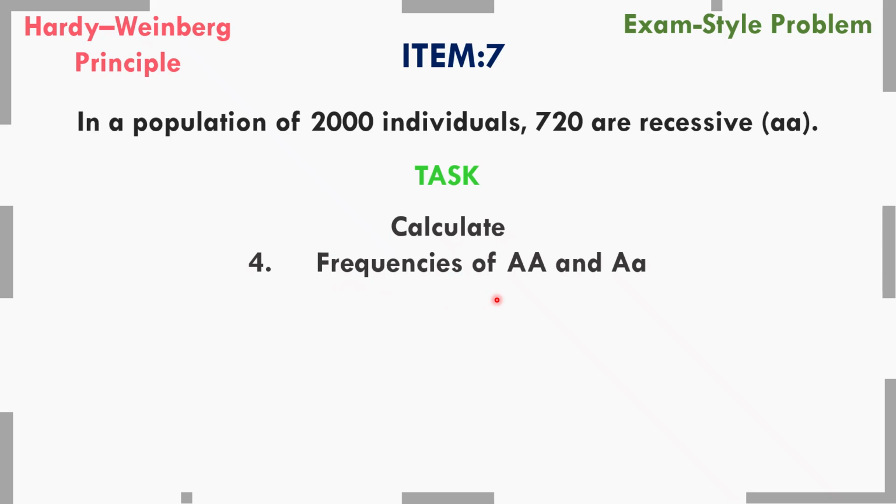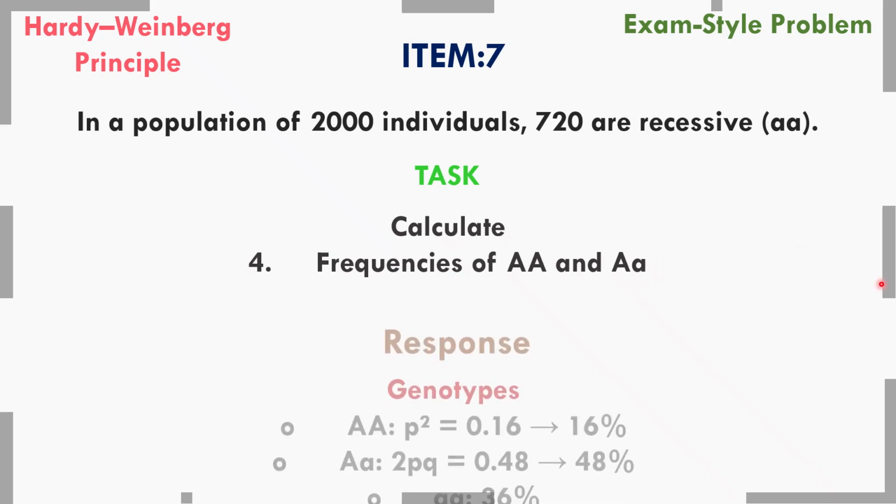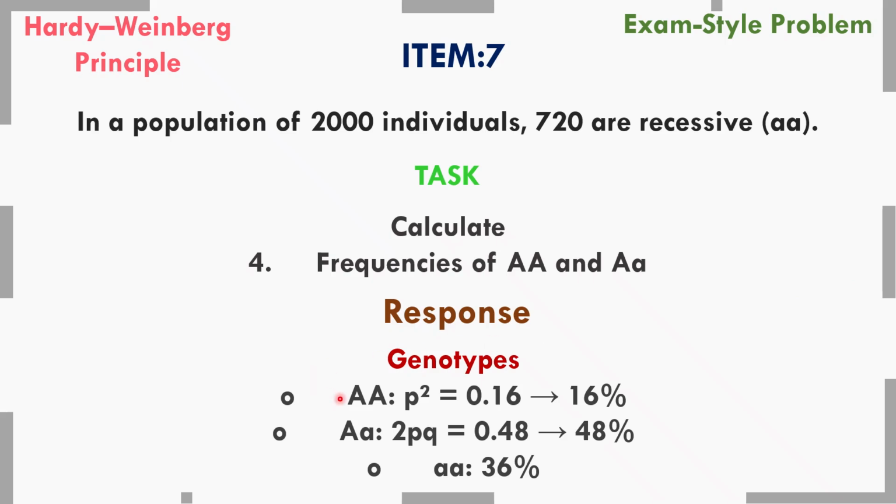Let's calculate the frequencies of capital A capital A, capital A small a, and small a small a. Capital A capital A, which is p squared, is 0.16, giving us a percentage of 16%.